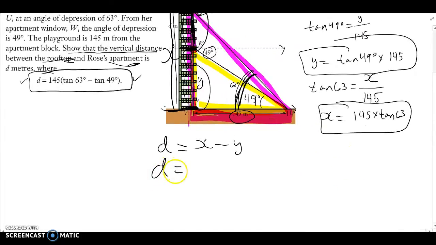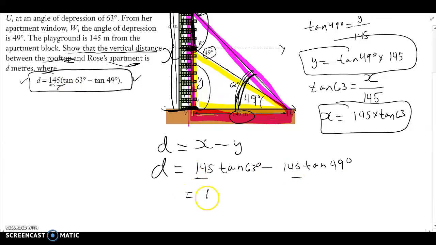So the distance is going to be the x, which is 145 tangent of 63, minus 145 times the tangent of 49 degrees.